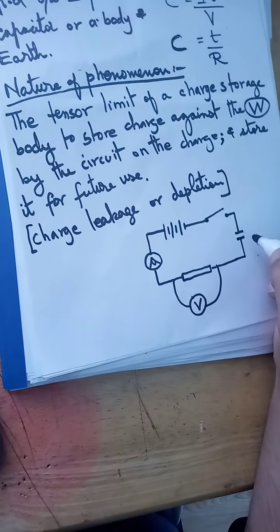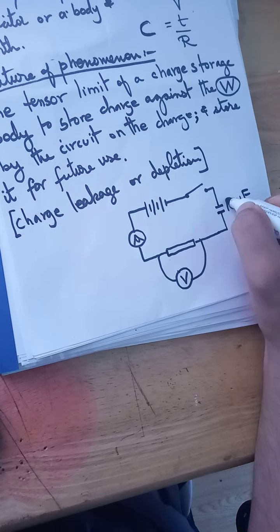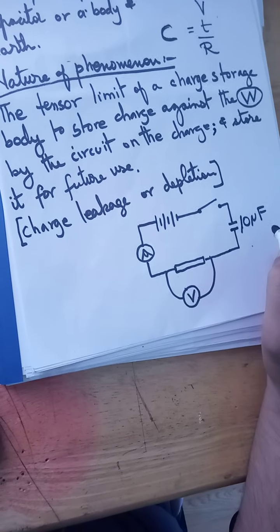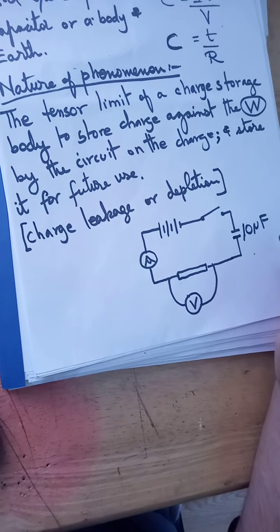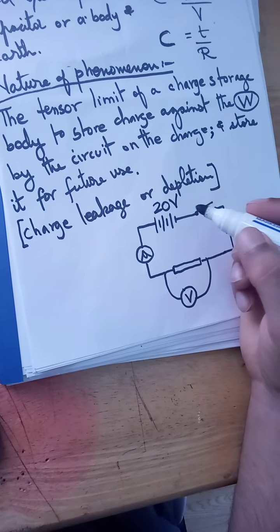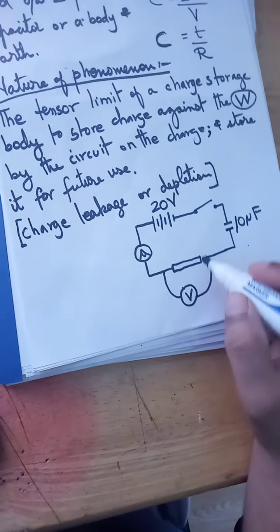So if I had a capacitor of 10 microfarads, again, I'm sorry I'm using the same figure. I could have used nanofarads, picofarads, but let me just stick to 10 microfarads for calculational efficacy. It's fully charged with 20 volts.